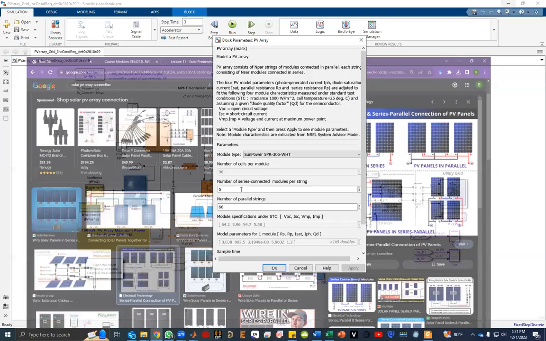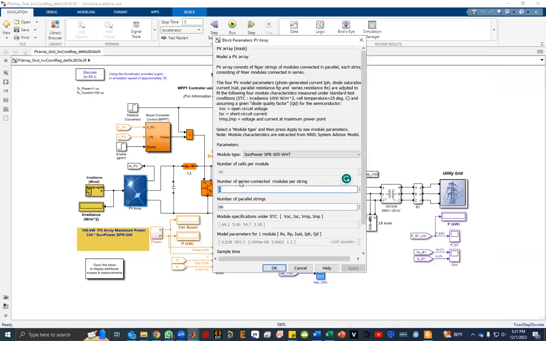So this is the series connected modules per string and the number of parallel strings. If we have 5 series connected, then those series strings will be connected in parallel so that we can get a large amount of current, because although the voltage is very high, the current might be very low.